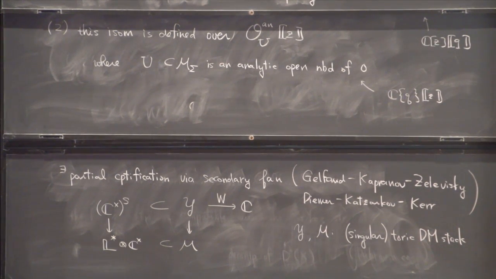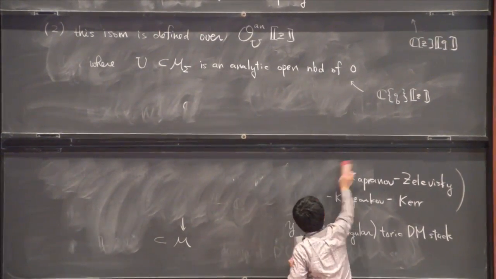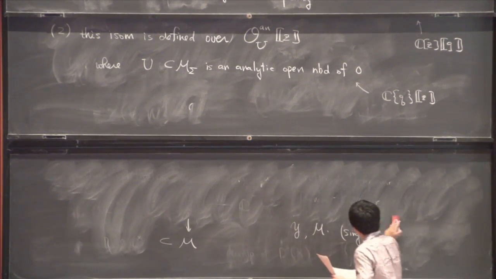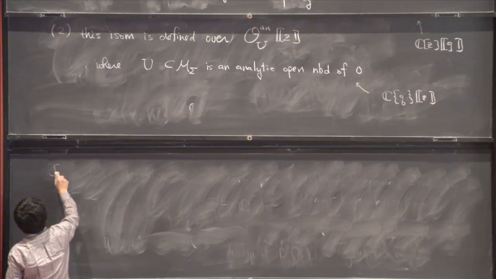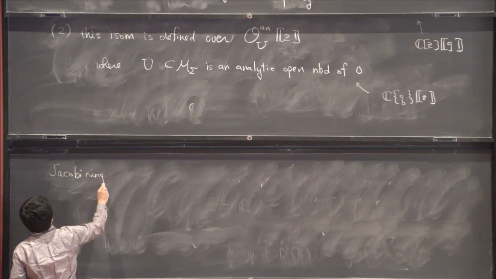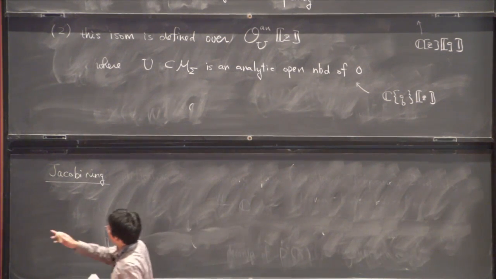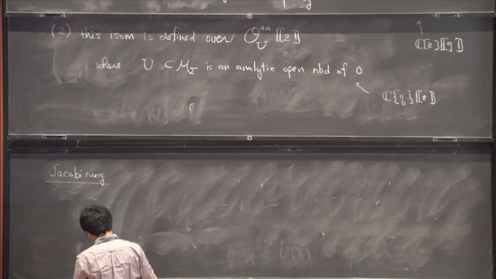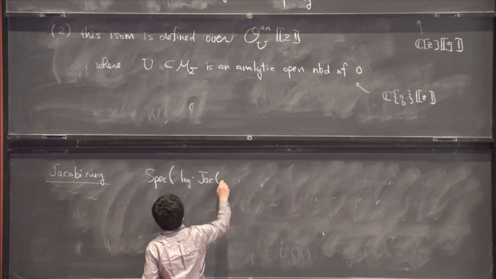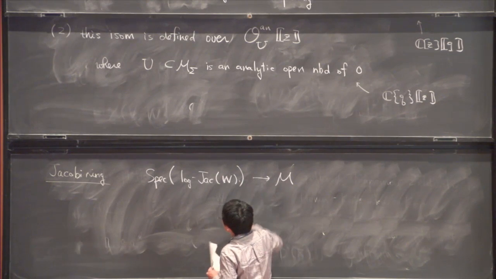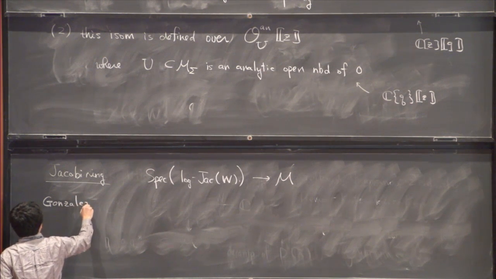If I look at the Jacobian ring, and how it changes under these kinds of transitions, some birational change, we consider the spectrum of the log Jacobian ring, W over M. This is in the work of Gonzalez and Woodward.